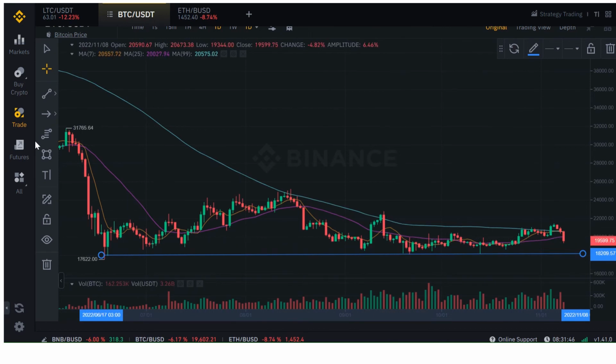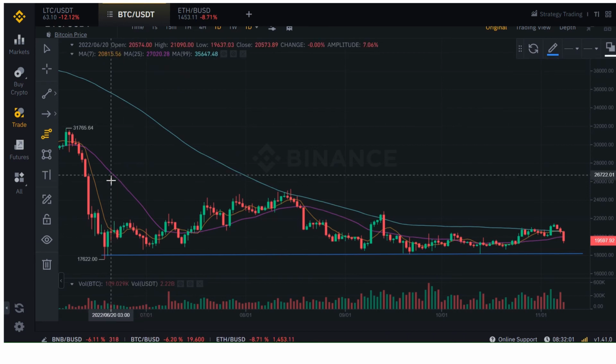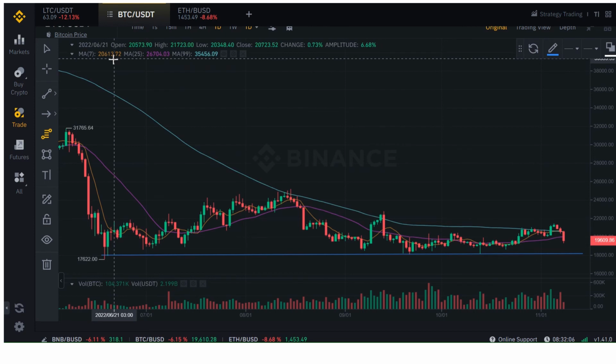There are various ways you can also use to analyze charts. There are retracements, and you can also add things like moving averages. You can see at the moment this one has a moving average of 7 candles.